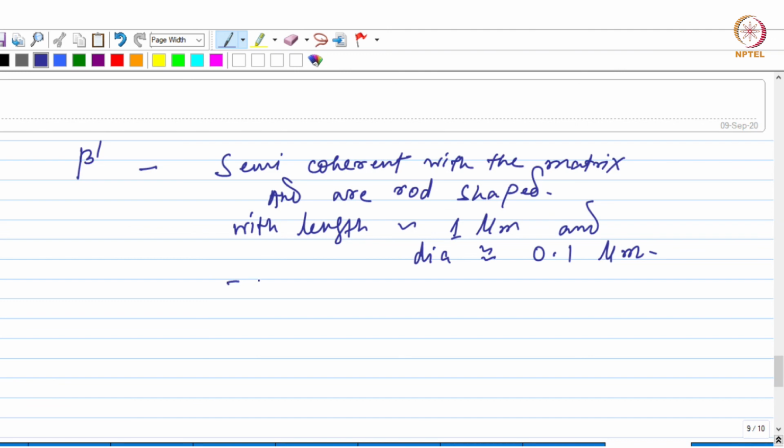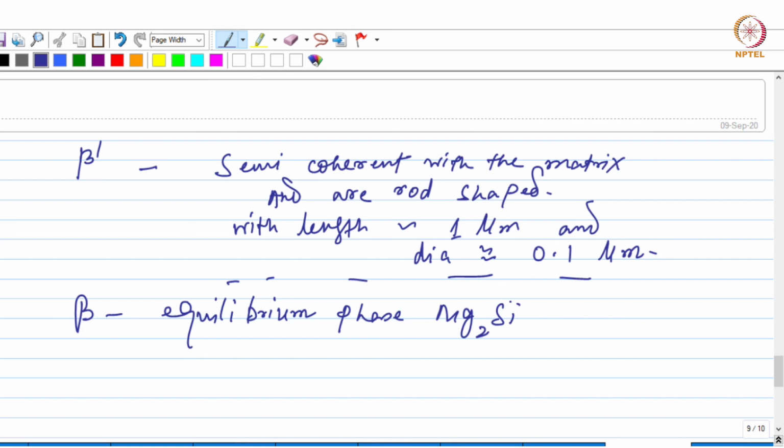Okay, so this is the precipitation sequence for the 6000 series alloys, where the main precipitate is the beta prime. And as I said, beta of course is the equilibrium phase. And this has a FCC lattice with the lattice parameter 0.639 nanometer.